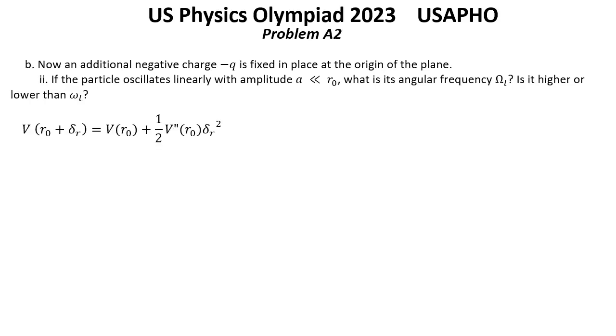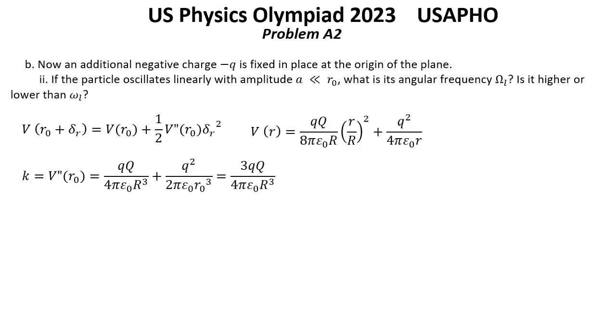Now we can use the result for V. So it means that the second derivative of V at point r0 equals this expression, which is this one. And because only this part is responsible for oscillation, that second derivative of V is exactly the coefficient K in the model of a spring constant with mass.